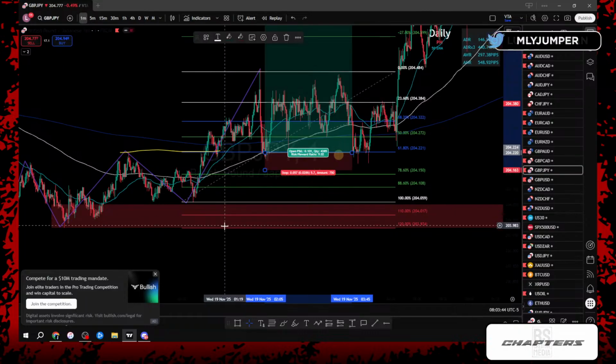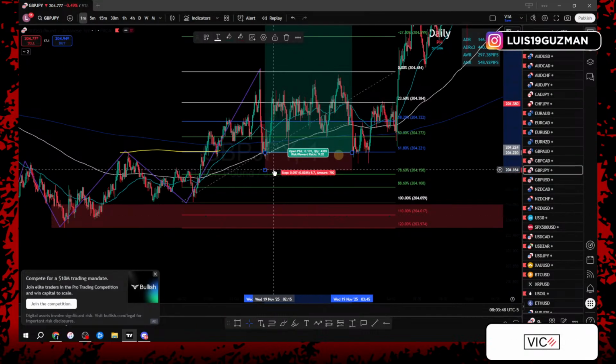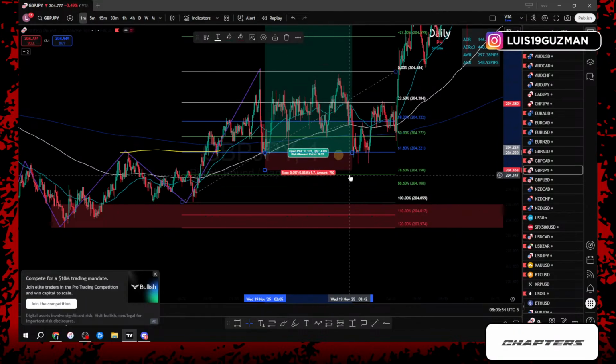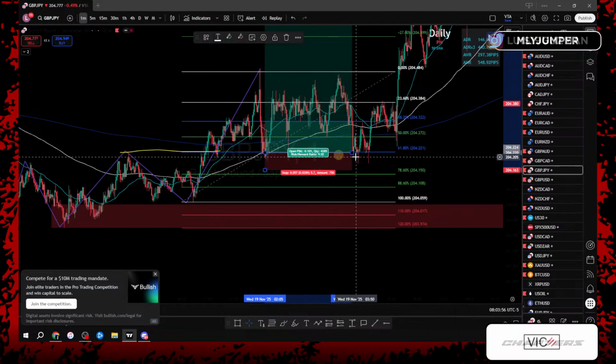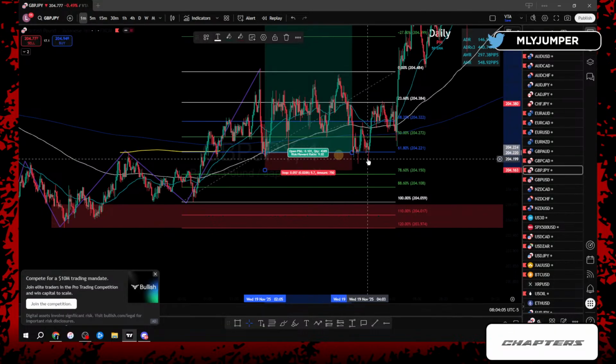So now instead of having a 24 pip stop, instead of having a 16 pip stop, I have a 6 pip stop. And now we're trading a 1 to 9. Now I know that I could have a higher lot size because I have a smaller stop loss. And it's that simple. Right?